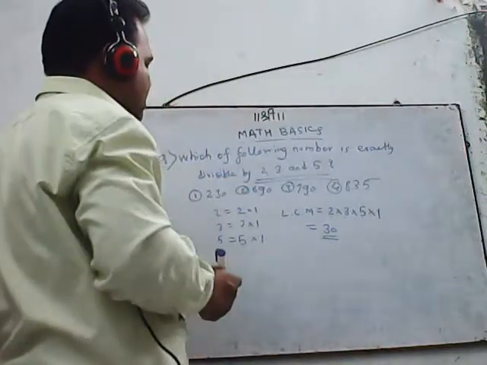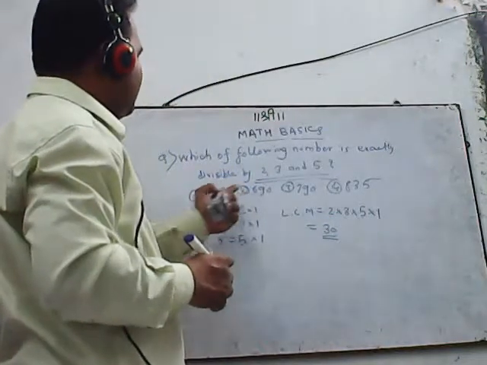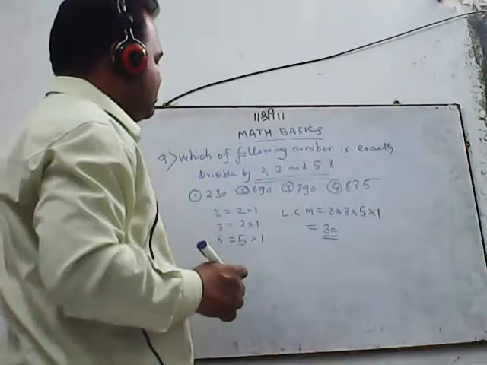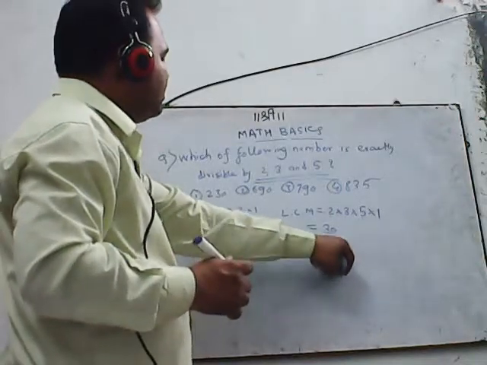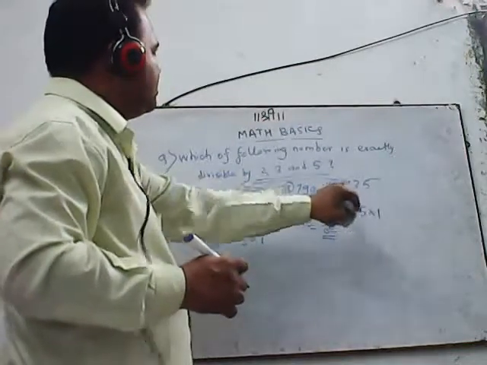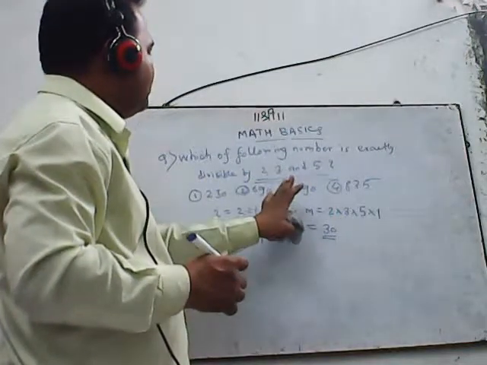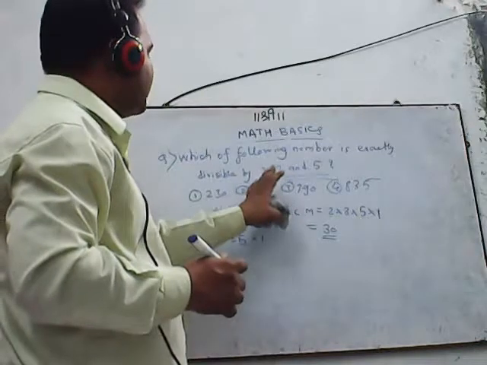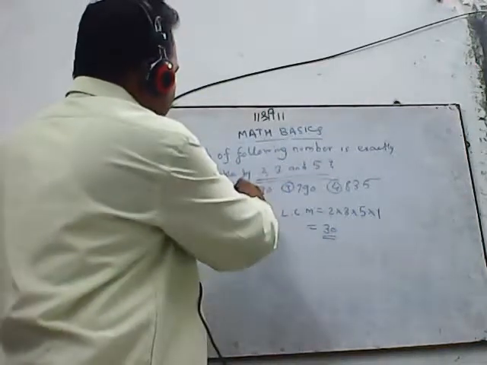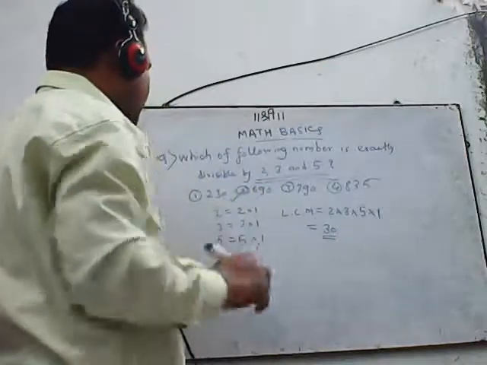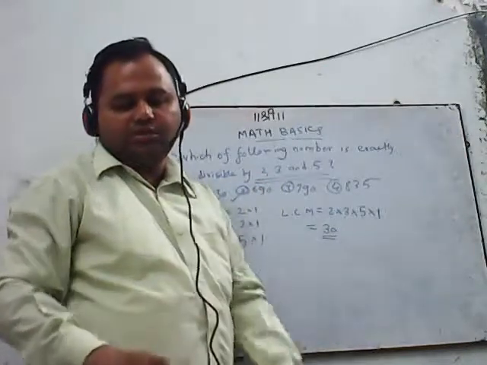Okay, can you see 30 in these numbers? No. So a multiple of 30 from these numbers will be the number that is exactly divisible by 2, 3 and 5. That is 690. This will be your answer. Okay, thank you.